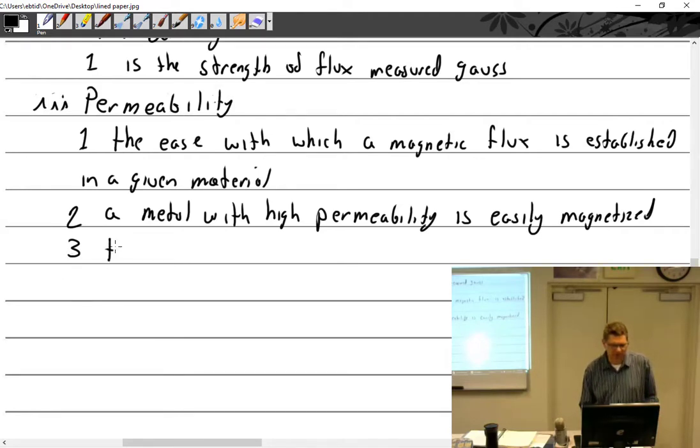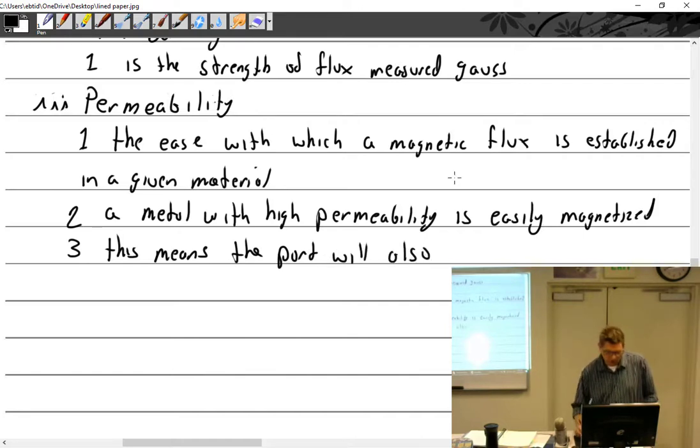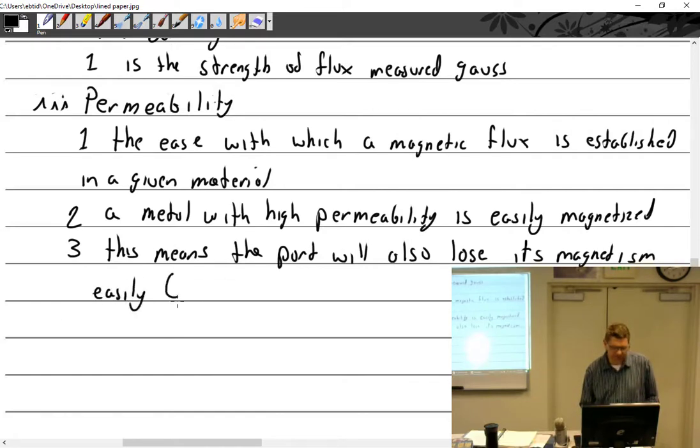This means the part will also lose its magnetism easily. And what was your comment there, Mark? Low retentivity. He is correct.